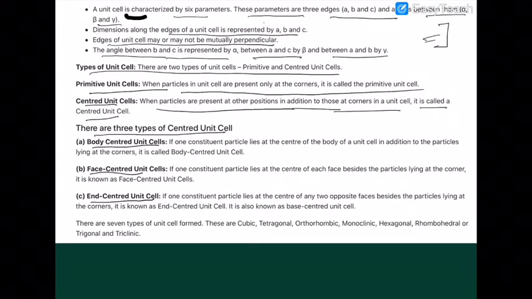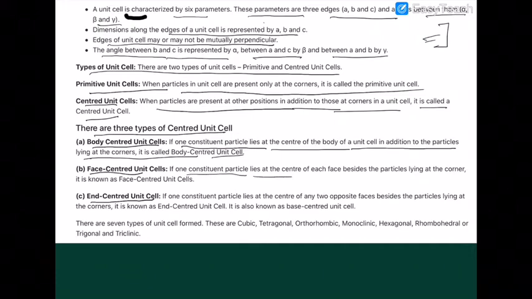A body centered unit cell is one where a constituent particle lies at the center of the body, in addition to the particles present at the corners of the unit cell. In a face centered unit cell, the constituent particles lie at the center of each face, besides the atoms at the corners.